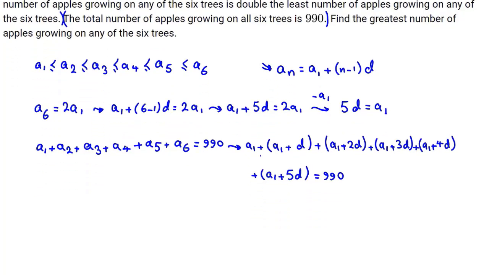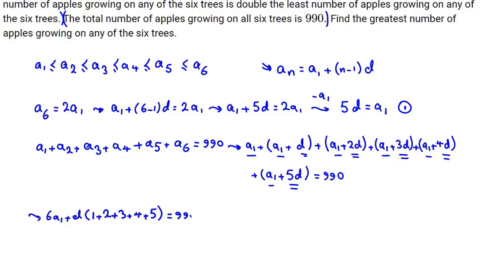Now, here, let's consider the second equation. We have a1 six times, so it's 6a1 plus, if we factor out d, we have 1, 2, 3, 4, 5. So it will be d times (1 plus 2 plus 3 plus 4 plus 5) equals 990.